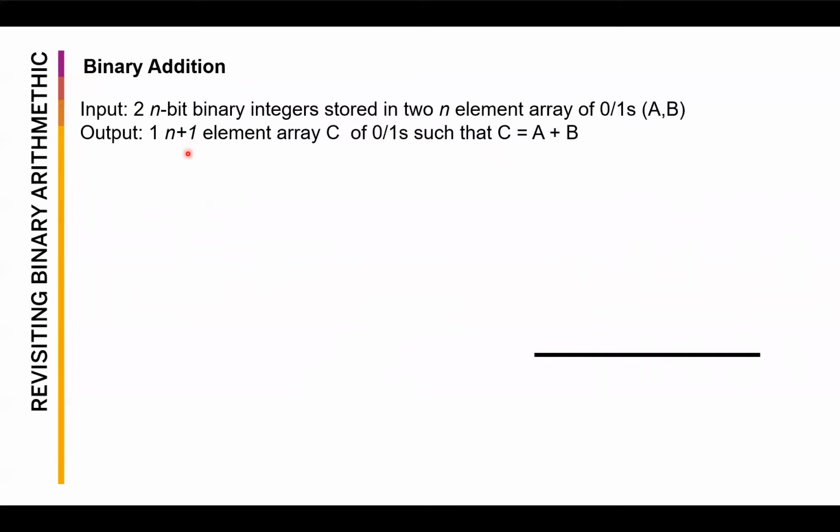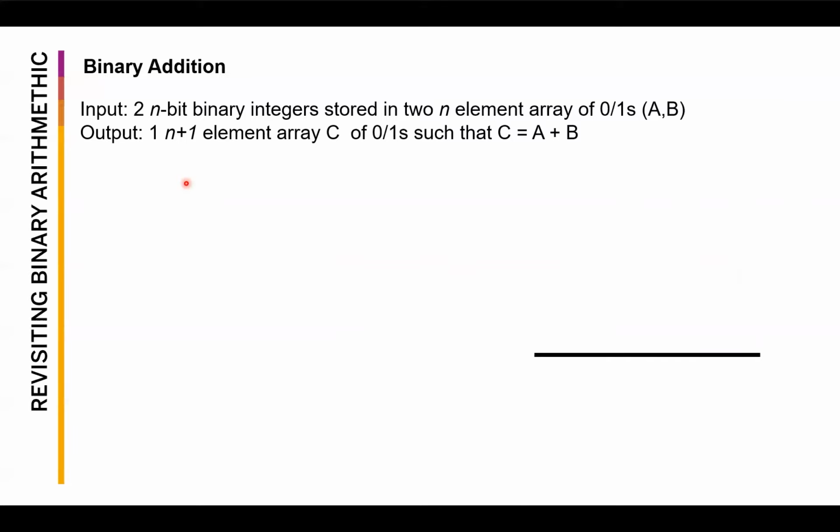Now, maybe you're confused why we have n+1. We are only accommodating for the overflow bit. We've seen earlier in our previous example that if there's an overflow bit, a 4-bit binary addition has a tendency to go to a 5-bit sum.